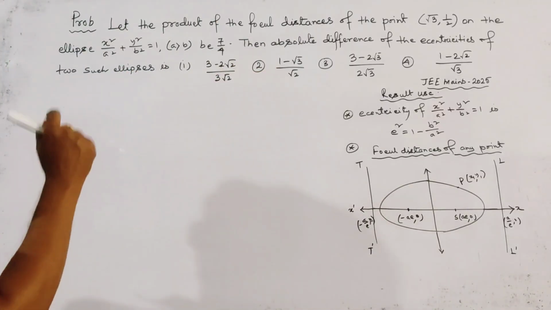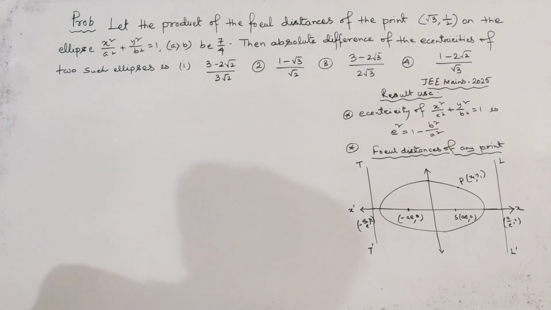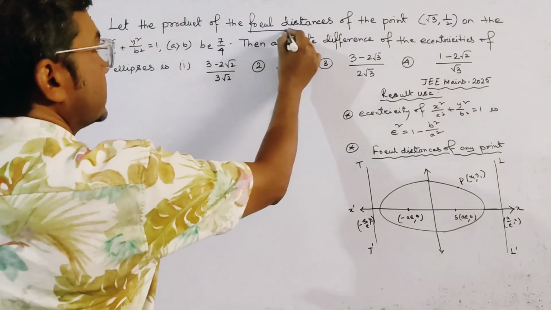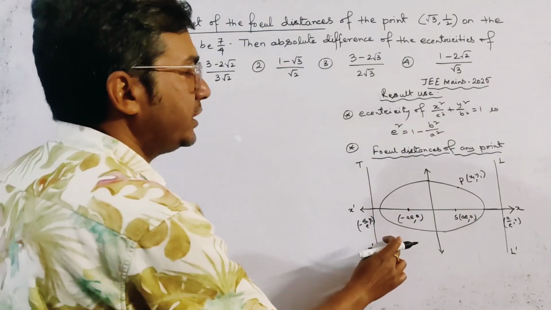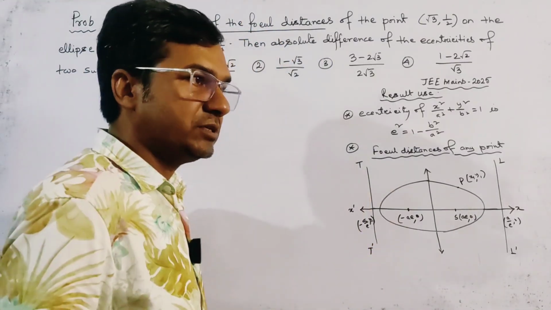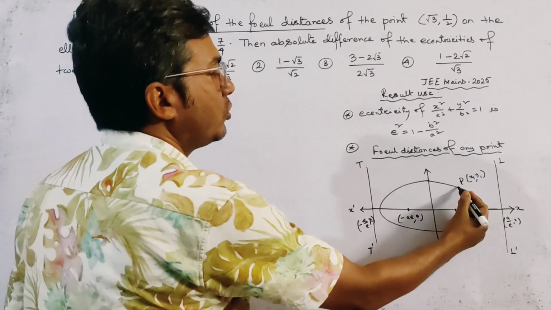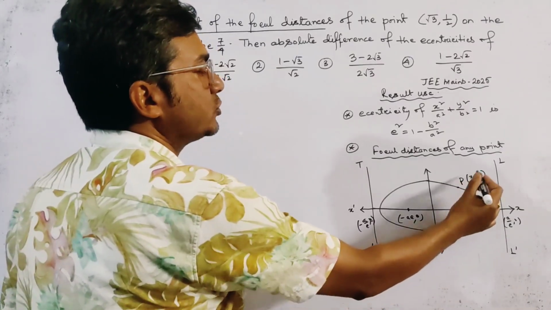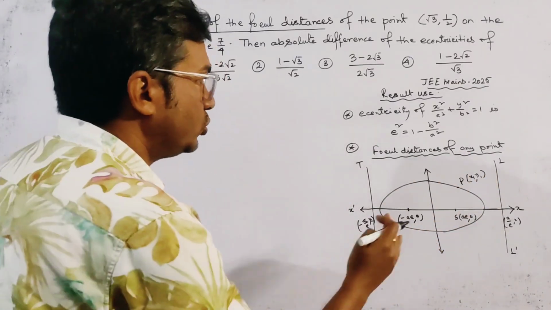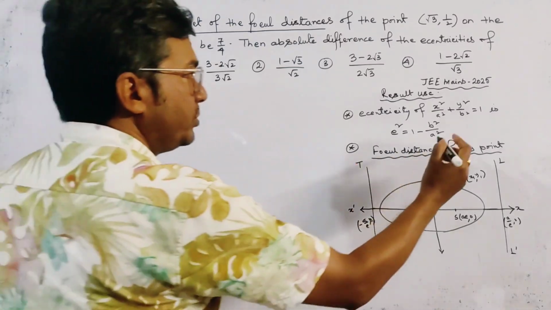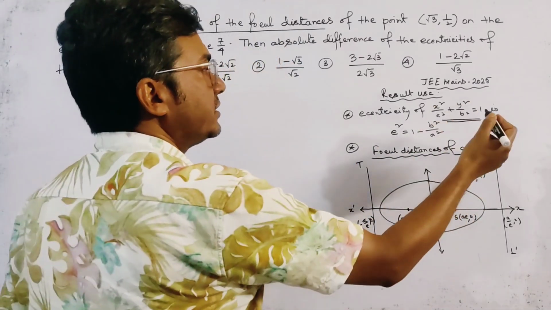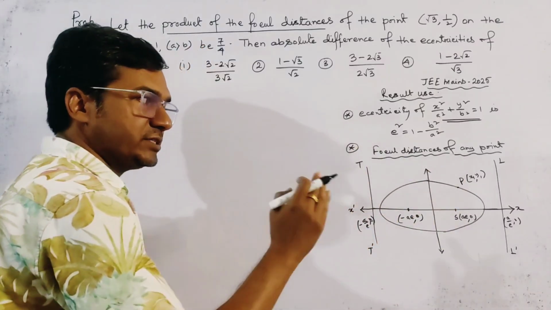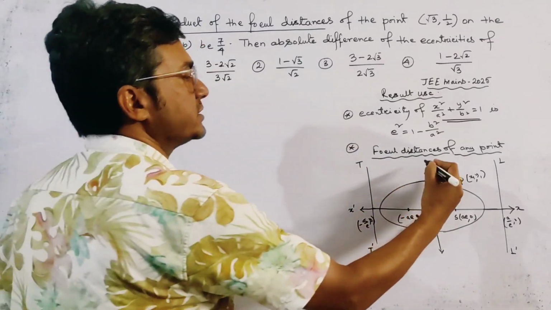Before going to solve the main problem, let us clear about the focal distances or the product of focal distances. Here we have already drawn a rough sketch of the ellipse, and let any point on the ellipse be P(x1, y1). We know the equation of the ellipse is this, and since a greater than b, the major axis is the x axis and the minor axis is the y axis.